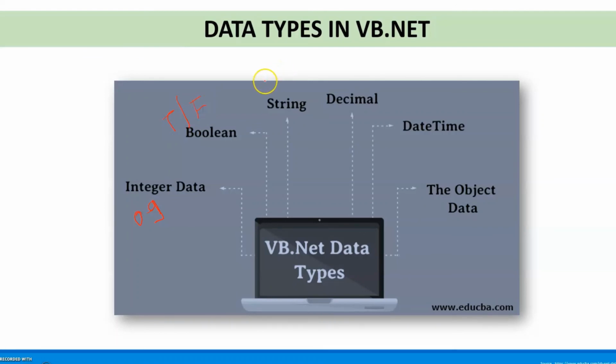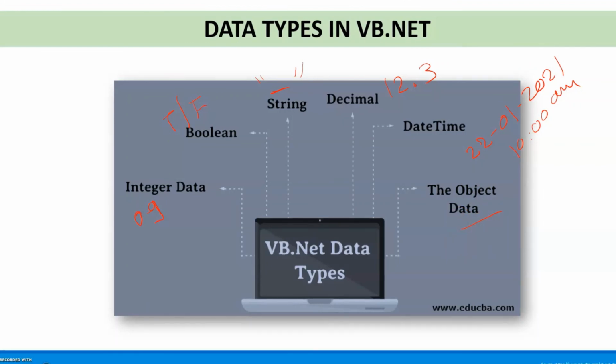In string we store data inside double quotes, mostly characters. Decimal means a number with a floating point. Date time means any date like 27/01/2021 and any time like 10 AM. And the object data type, mostly we don't use it. So this is all about the data types in VB.NET.